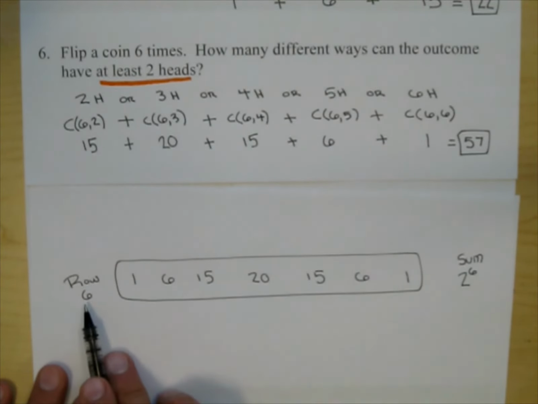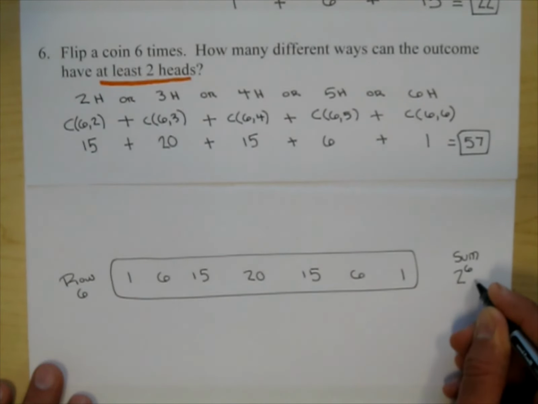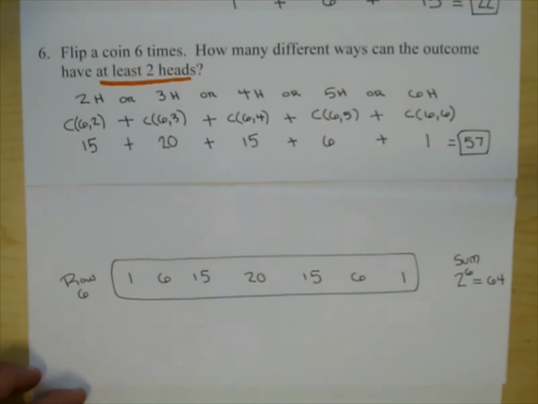So like if we were adding up row 7, it would be 2 to the 7th. Once again, this is optional, but if you are heading into a statistics class, sometimes they'll do this. And so 2 to the 6th happens to be 64, because it's 8 times 8, 64.